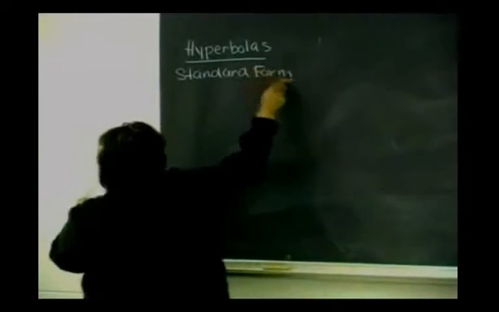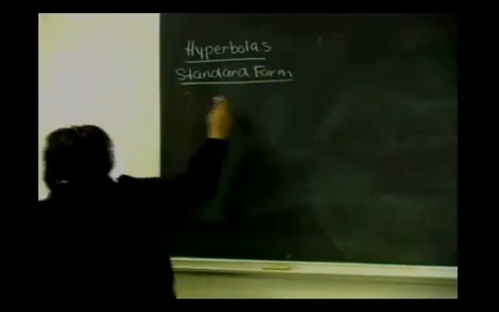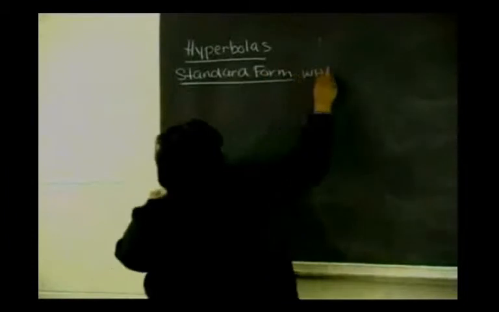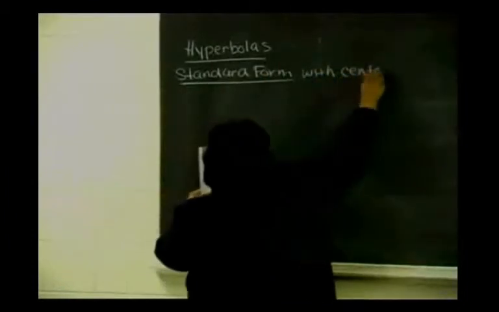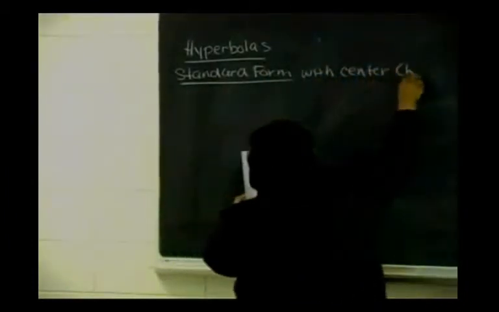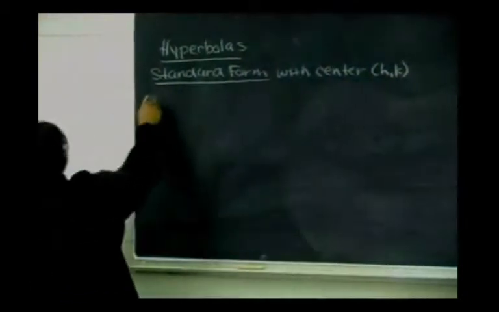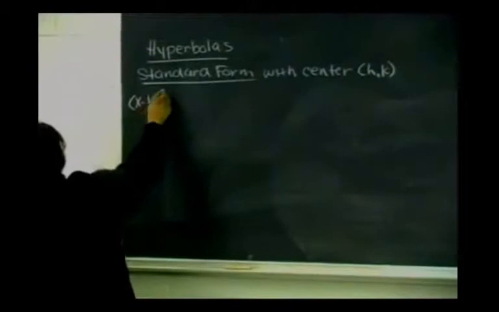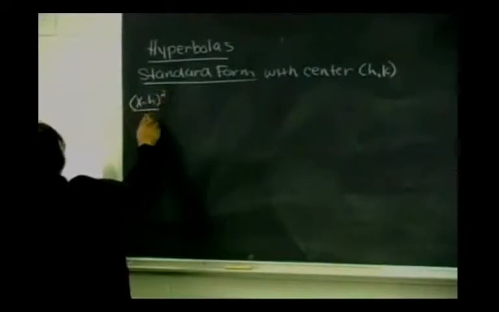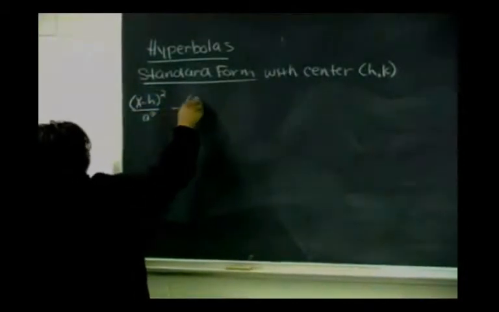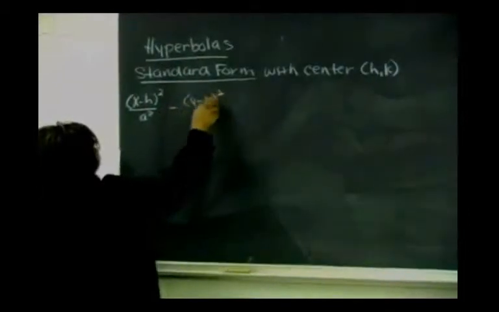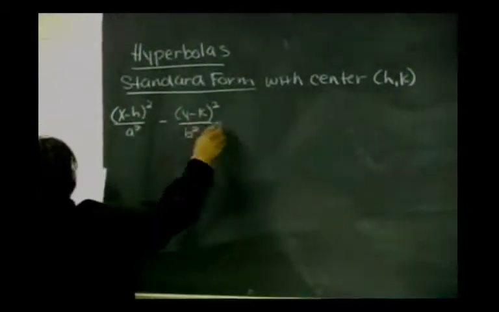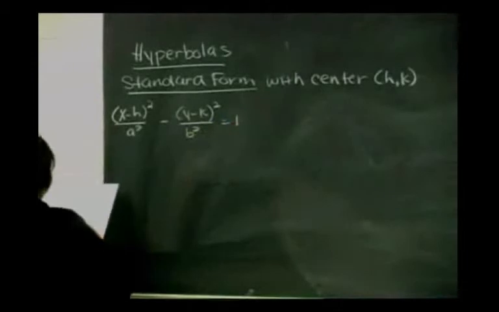The standard form for a hyperbola with center (h, k) is given by (x minus h) squared over a squared minus (y minus k) squared over b squared equals 1.